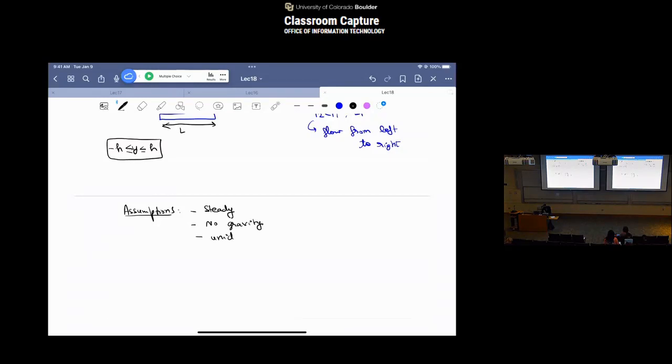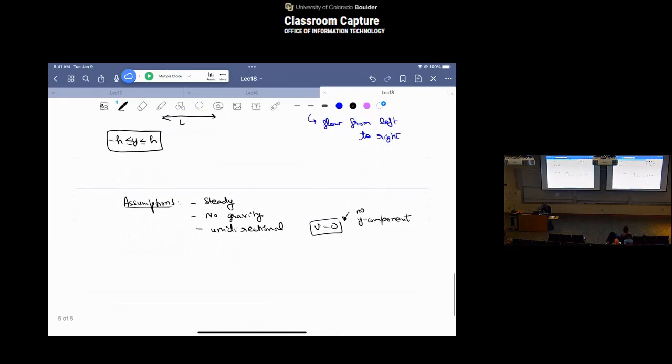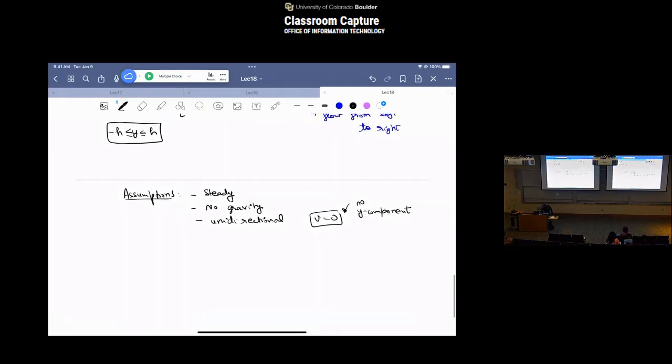Same idea, the flow is only happening in one direction, so small v is equal to 0, no y component. So steady, no gravity, unidirectional. I believe I am not missing anything else.